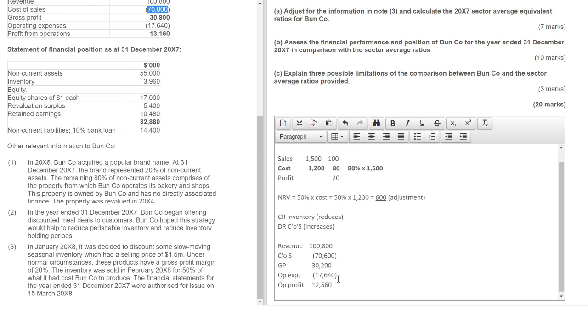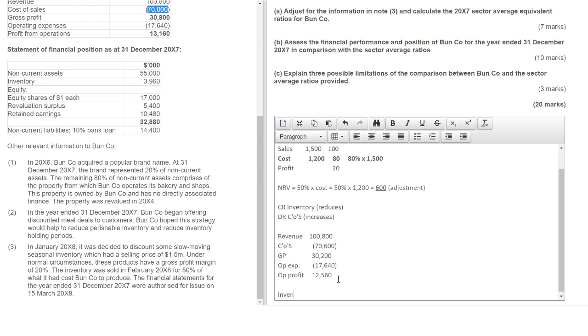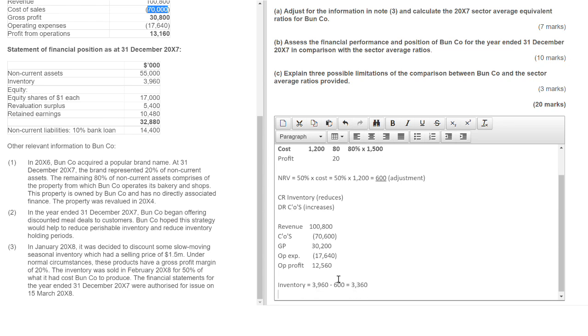Okay. The other figure that you've got as well is your inventory, which is now, what's that? Was it 3,960 less 600? So that's 3,360.